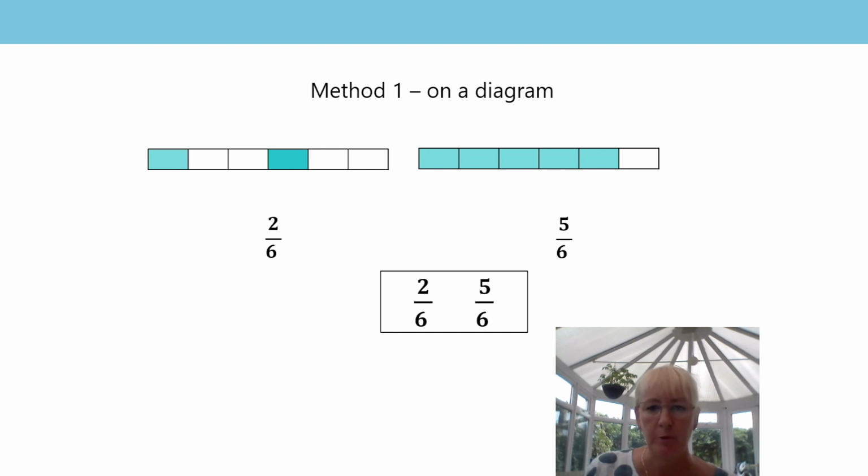So this visually proves that 2/6 is less than 5/6, and we can now put the inequality sign in to show that 2 is less than 5, so we also know that 2/6 is less than 5/6.